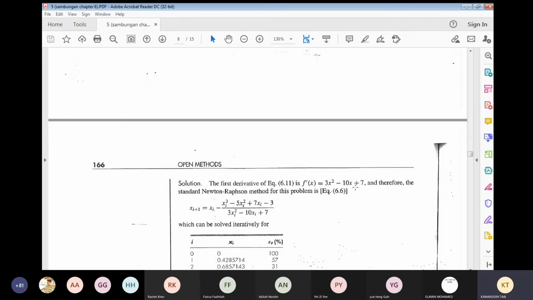Equation 6.11, the function is x cubed minus 5x squared plus 7x minus 3. That was the function. It's given here.